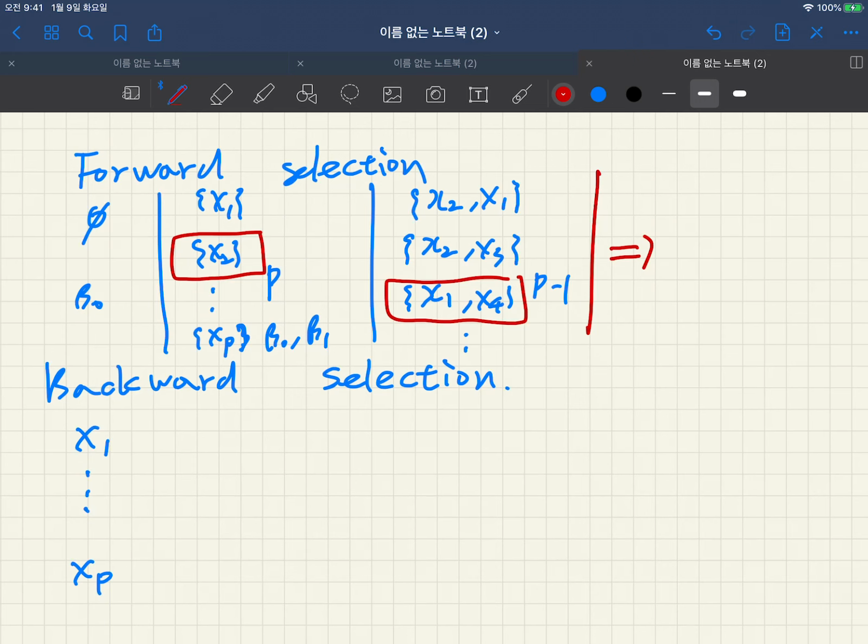Okay, so we have to estimate the test error from your training data points. So in chapter 5 and chapter 6, we will discuss how to find the best model, how to find the best number of predictors, how to estimate the test error for each model. That is very important. But please wait until chapter 5 and chapter 6.